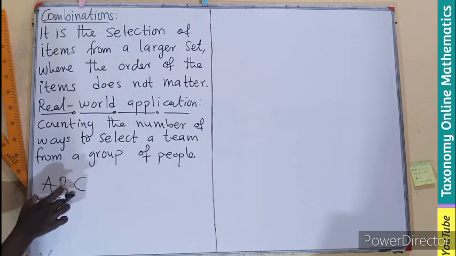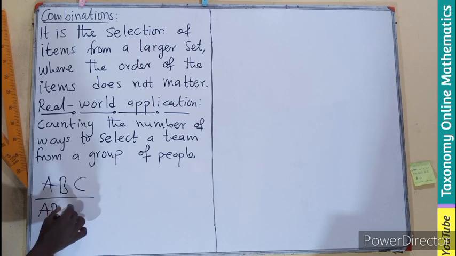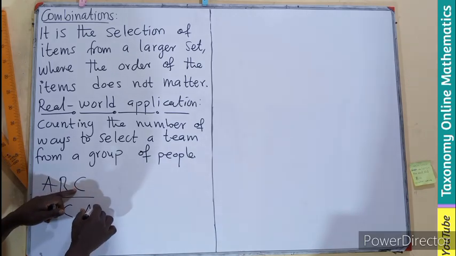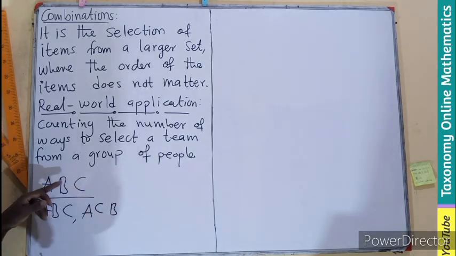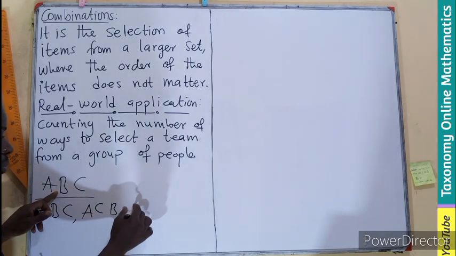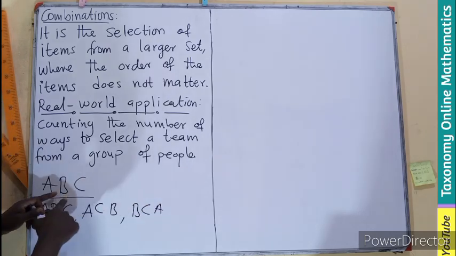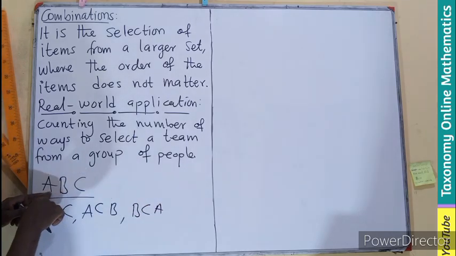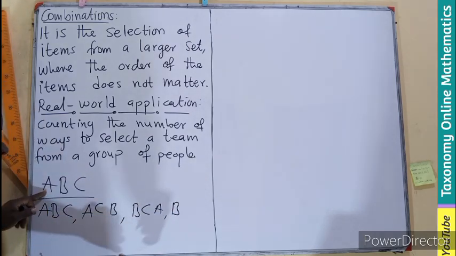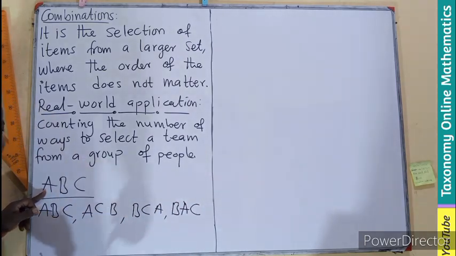We can see the letters themselves, A, B, C, could be one of the arrangements, whereby I can also get A, C, B. I can also pick B, C, A. B first, C, and A. Or we can begin with B first, A second, and C.